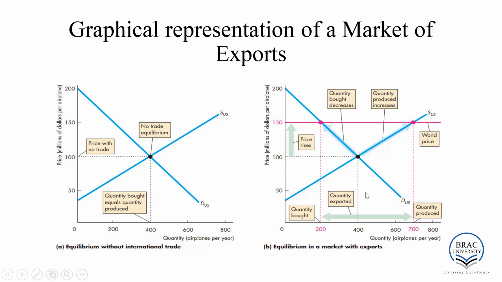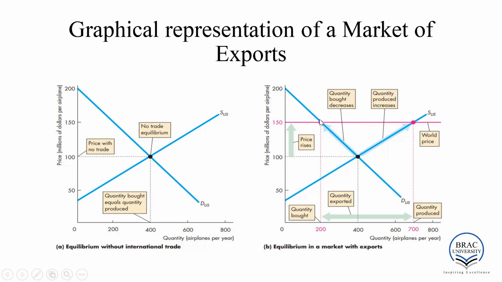And what happens when there is trade? So if the market is open to trade, then the price of the airplanes is decided by the world market. And according to the world market, the price of airplanes is $150 million per airplane. So let's find out what is the quantity bought and sold at this price.